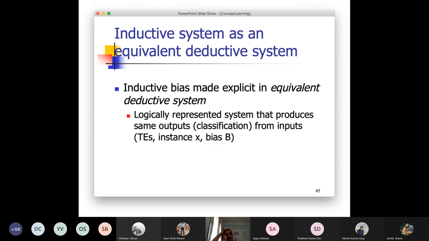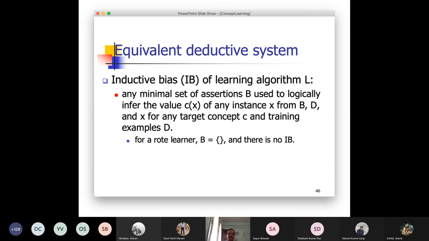So you are logically representing these systems such that, as I mentioned, with your logical arguments you can derive the same output that you otherwise observe through learning with your inductive bias. So this is the formal definition of the inductive bias.